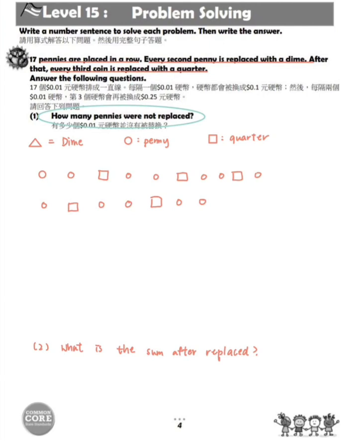And then it is saying we will replace it with a dime every 2nd penny. So the second penny we have will change to a triangle.